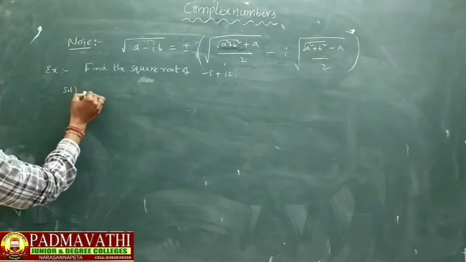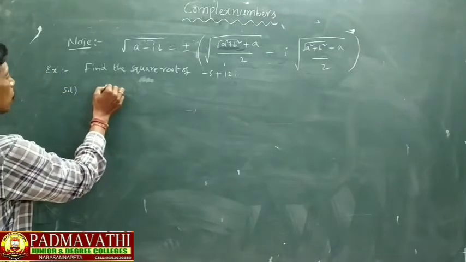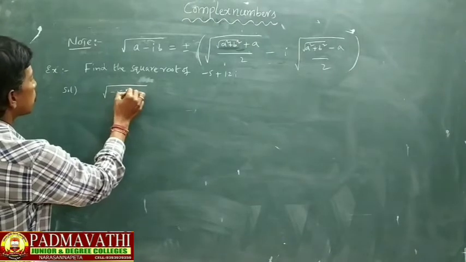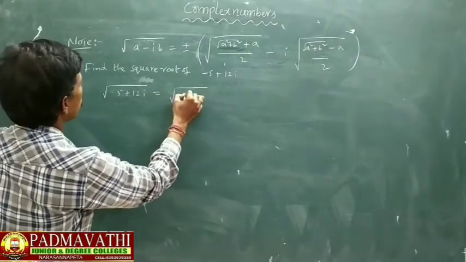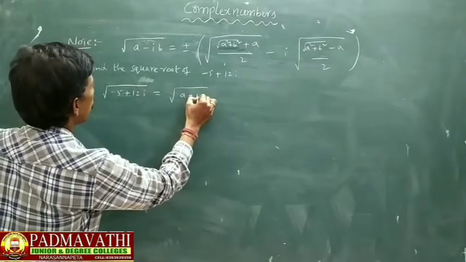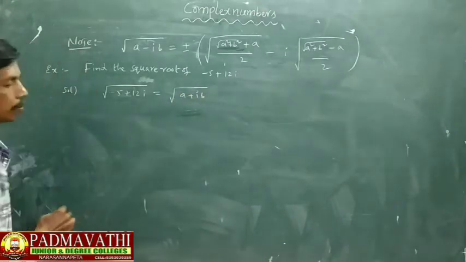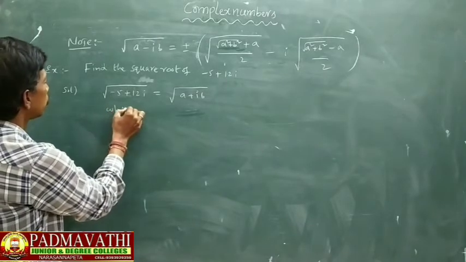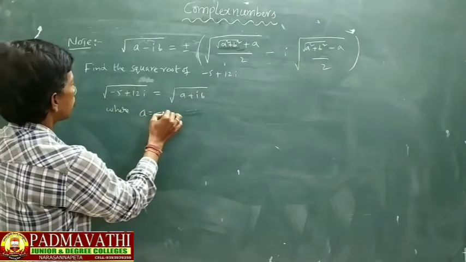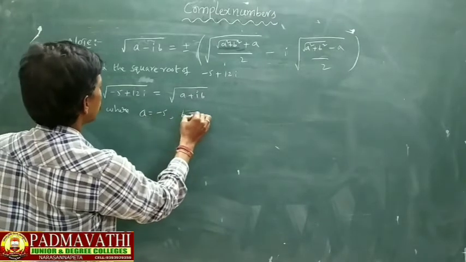Solution: root of minus 5 plus 12i, comparing with root of a plus ib, where a equals minus 5, b equals 12.